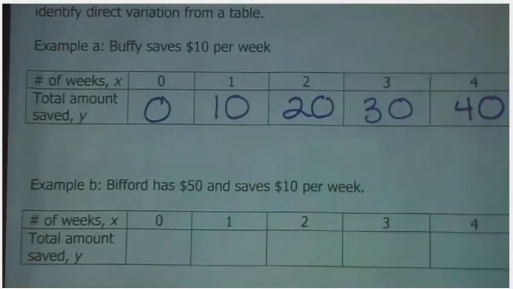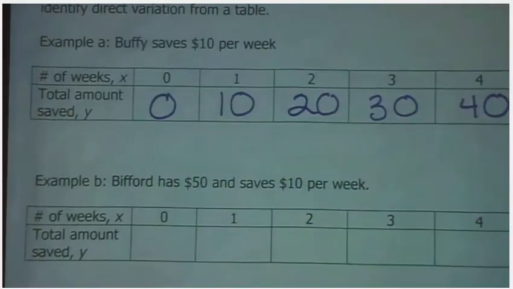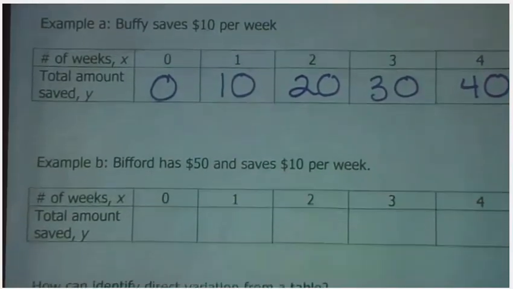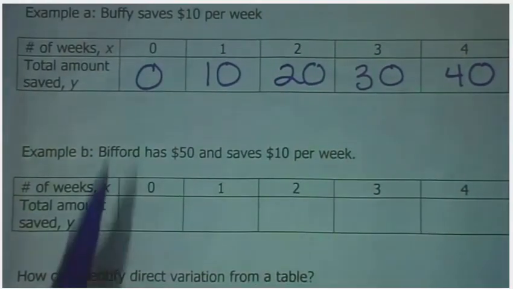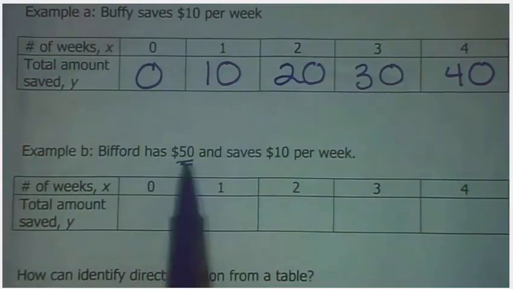So Buffy's twin brother Bifford, we like to call him Biff, he already has $50 in his bank account, and he's also going to then save $10 a week. So this is where Biff's situation is a little bit different than Buffy's. At 0 weeks, Buffy had 0 money, but Biff is starting out with this $50.